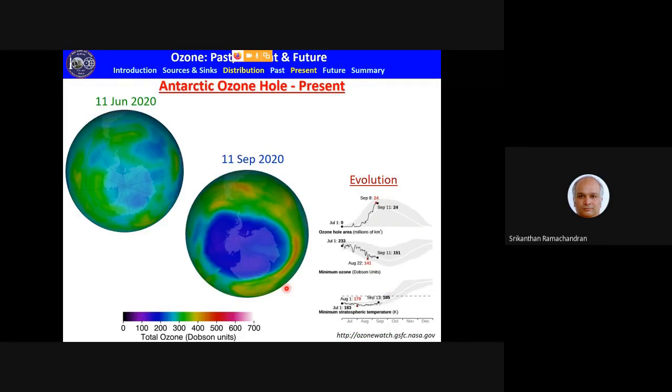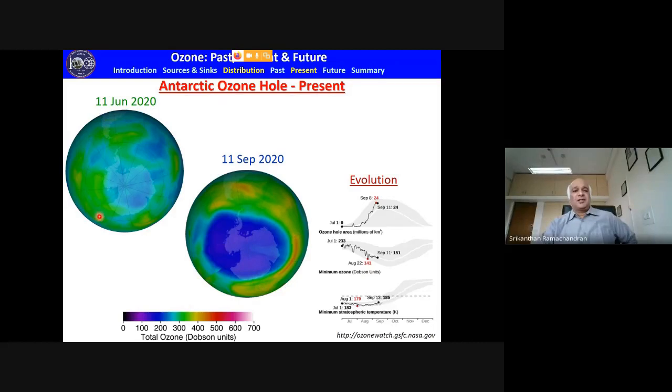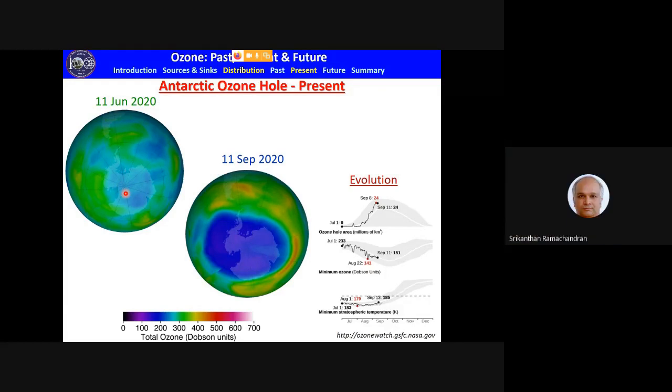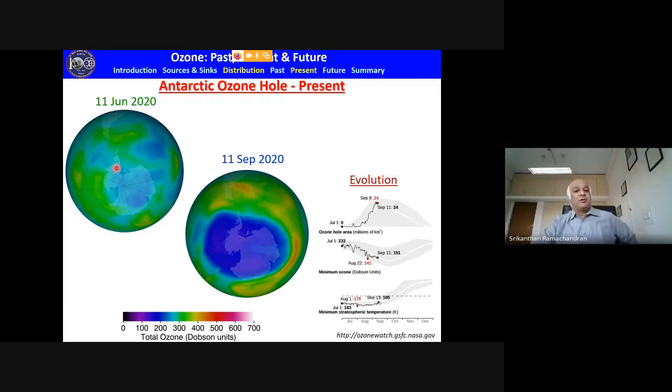So if you track the evolution of the ozone hole from June of this year to September of this year, you can see the Antarctic continent has higher ozone, on the order of about 300 Dobson units or so.